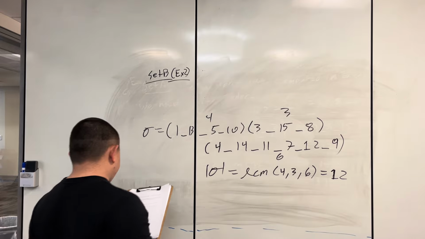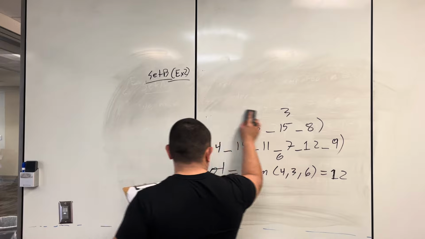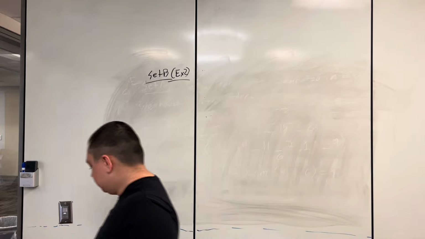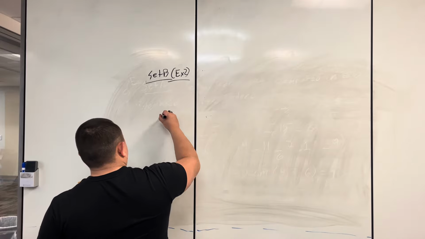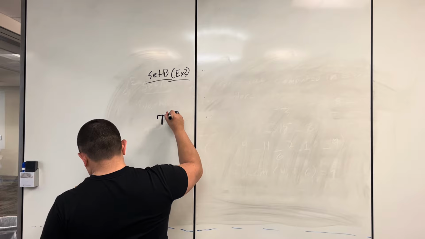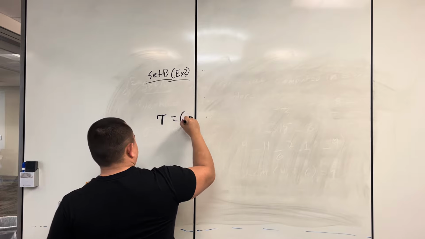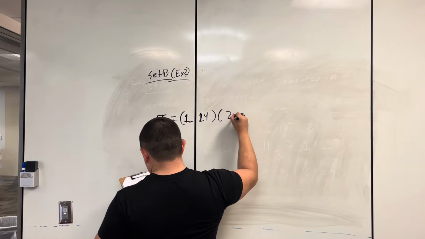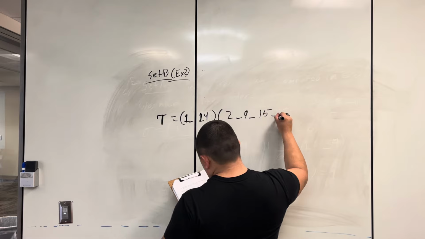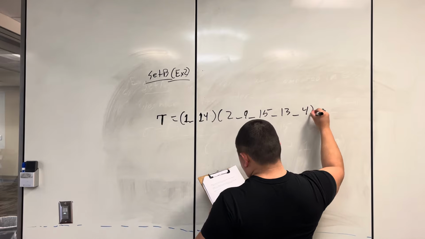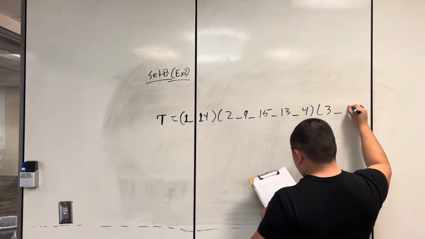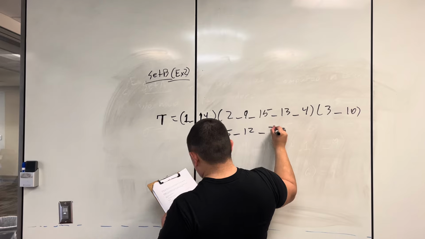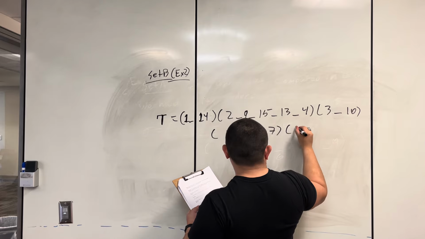Now let's move on to tau. Tau is equal to (1 14)(2 9 15 13 4)(3 10)(5 12 7)(8 11).